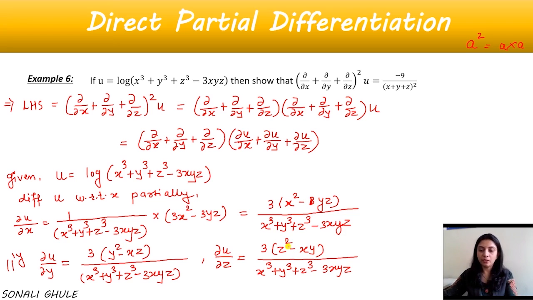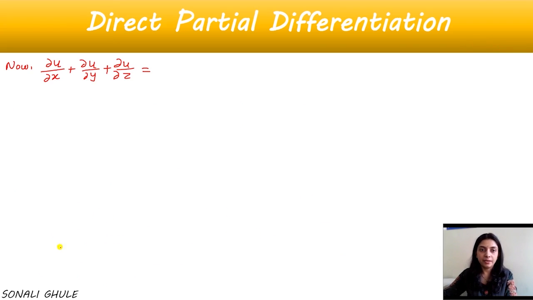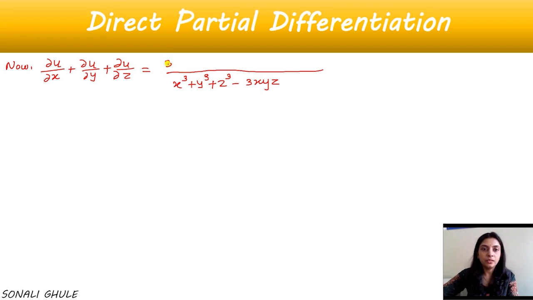Okay, so taking the denominator common, I can write here x cube plus y cube plus z cube minus 3xyz, right? Now here writing the value: 3x square minus yz plus 3y square minus xz plus 3z square minus xy, right?